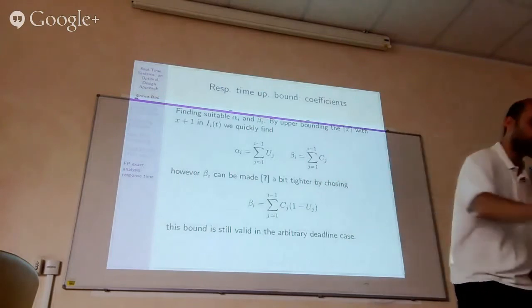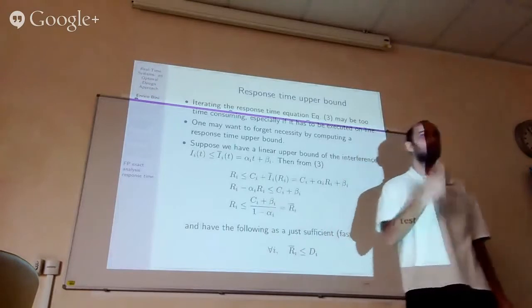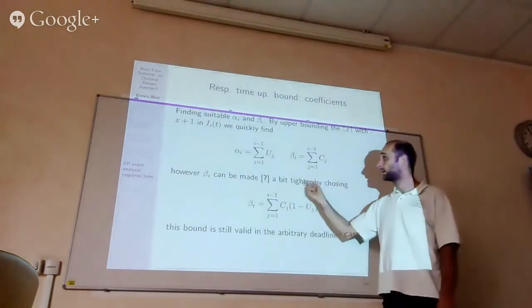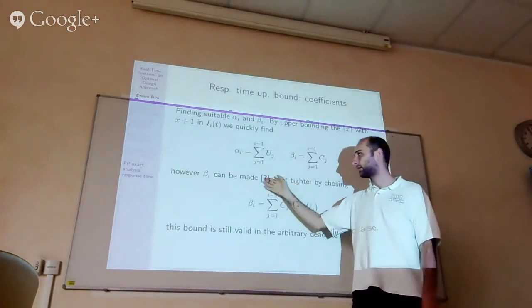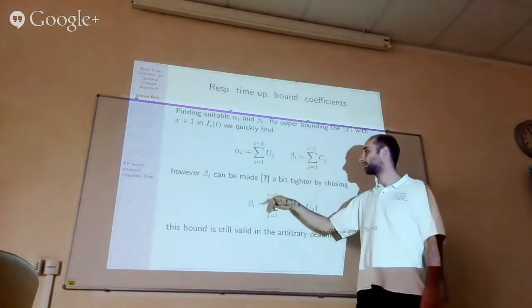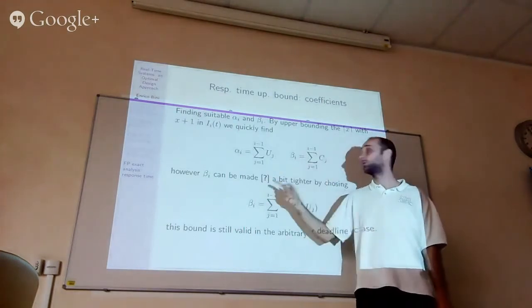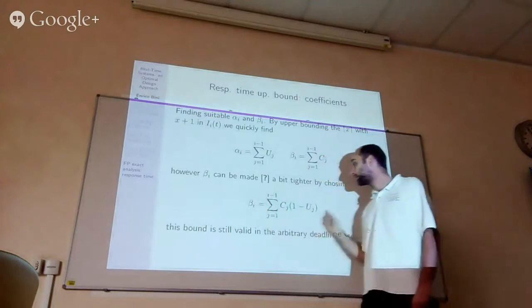Then you plug this alpha and beta here, and you find a valid upper bound. However, we can make it a bit tighter, and there is a reference in the notes. You will get the notes, and you will see these question marks. Then you can tighten a bit.